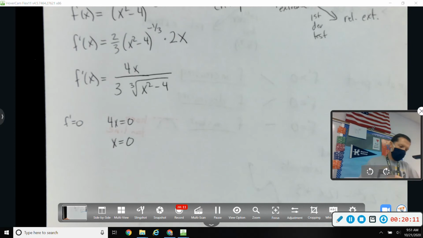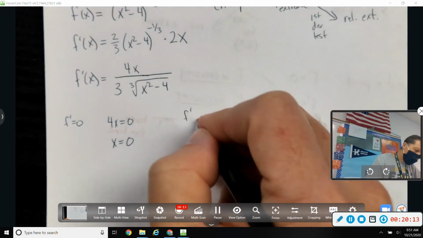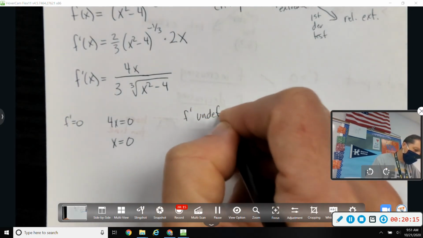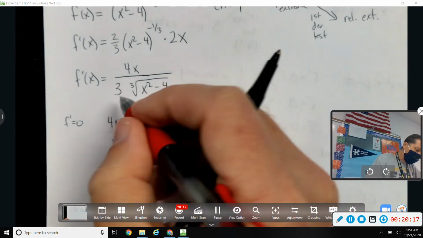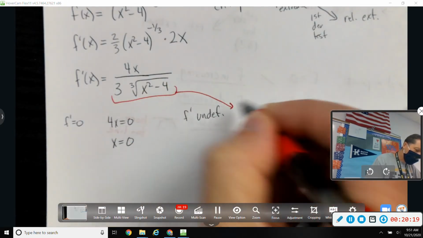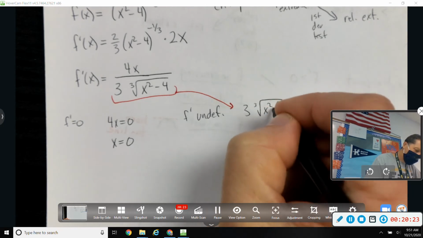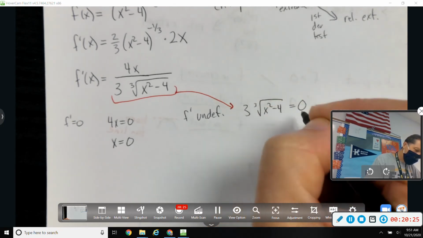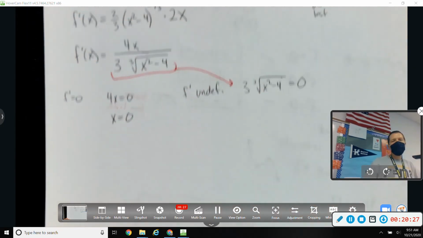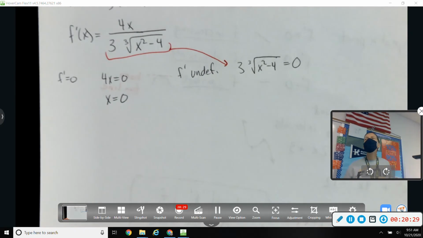F prime undefined, that would be where the bottom is 0. And here's a spot where some of you will work through the algebra. Some of you will look at that and just tell me the places where that makes that 0.